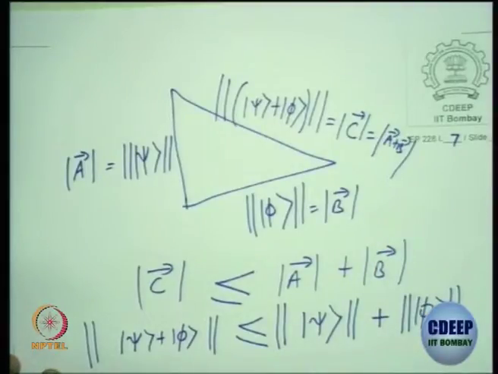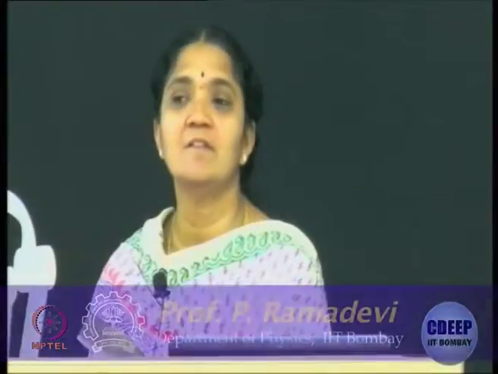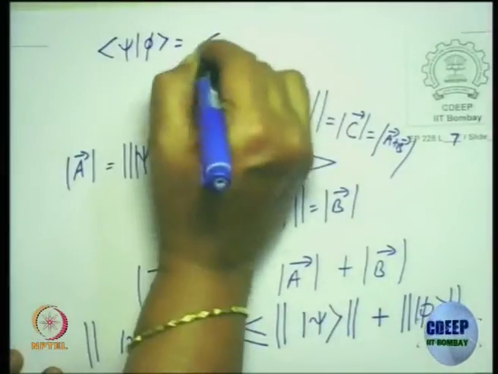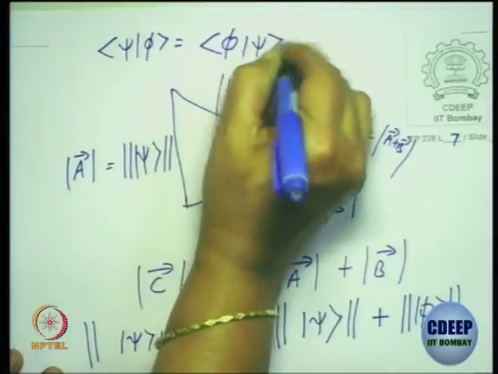So, I want you to try and prove this, where you know how to write this norm as an inner product, and you have to use the property that the inner product of psi with phi is the complex conjugate of phi with psi, right. We have these properties.